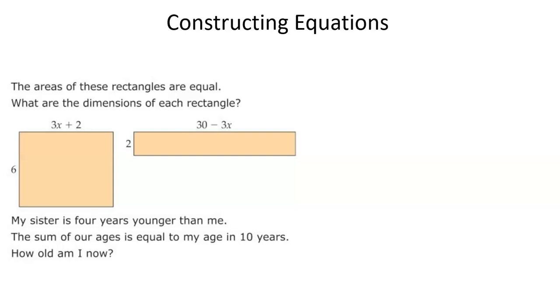And there's nothing stopping you doing that, but doing it with the algebra. So you'd say, well, the 6 times this thing, the 3x plus 2, is multiplying the two things together. That would be the area of this one. And this will give you the same amount, because they're equal, as the area of this one, which is again multiplying the two things together.